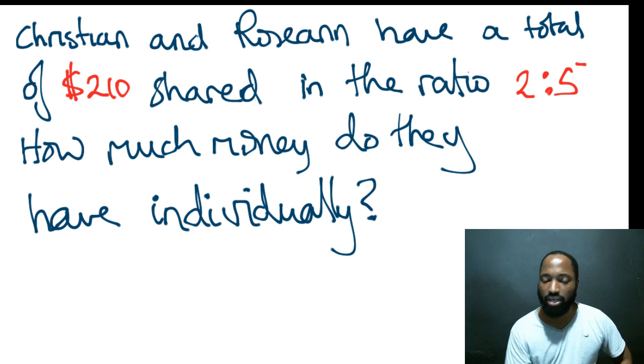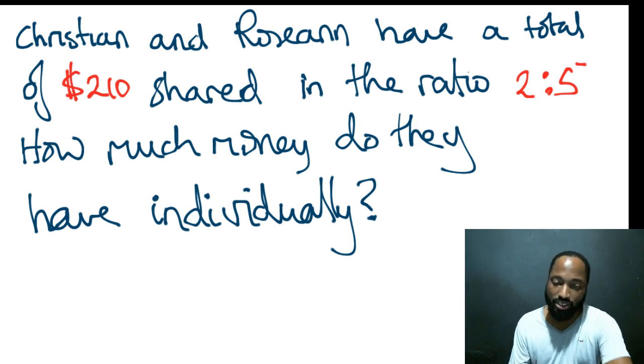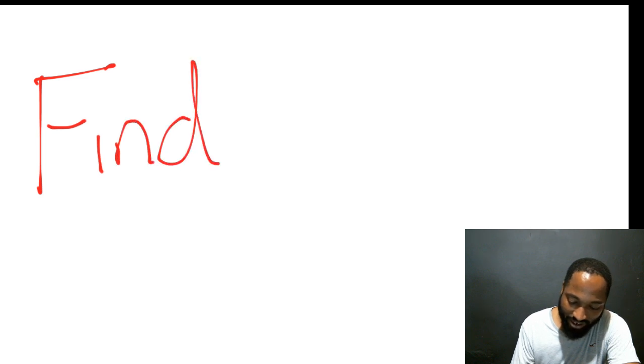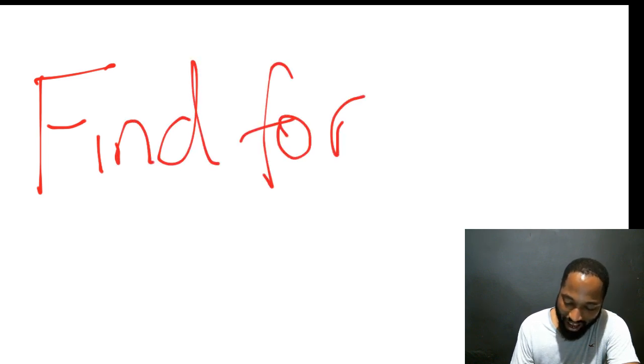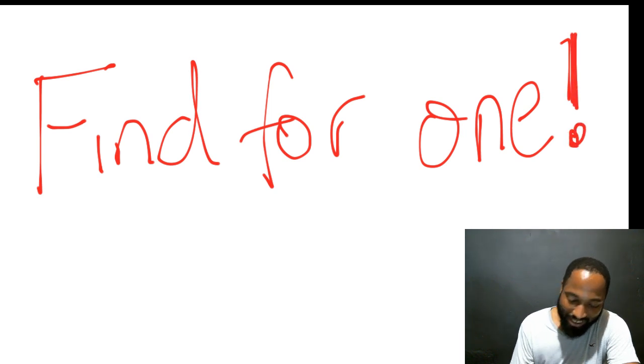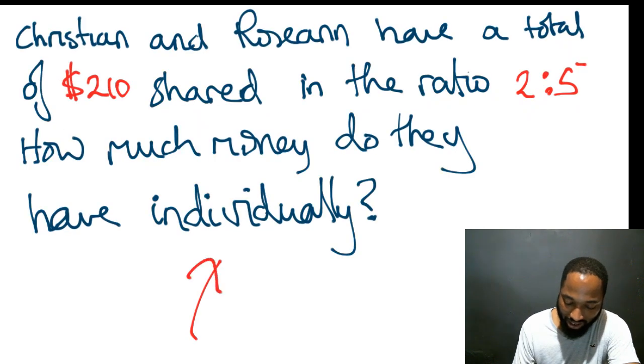So right, how do we do this? The one thing I want you to hear in the back of your head all the time is: find for one. For goodness sake, find for one. This is the easy way the question could come.